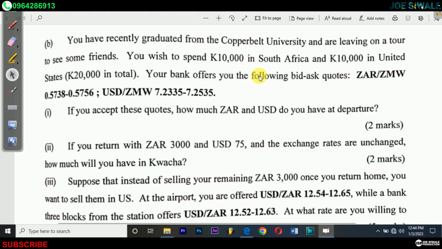So let us look at question 1B, lemma number 1. If you accept these quotes, how much South African rand and United States dollar do you have at departure? To answer this question, the first thing we need to ask ourselves is what the ask price is and what the bid price is.